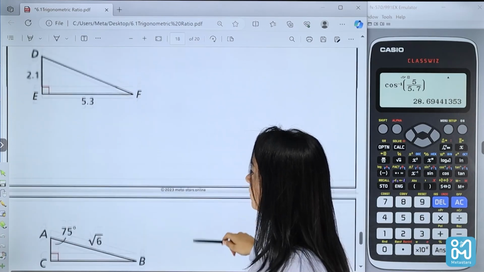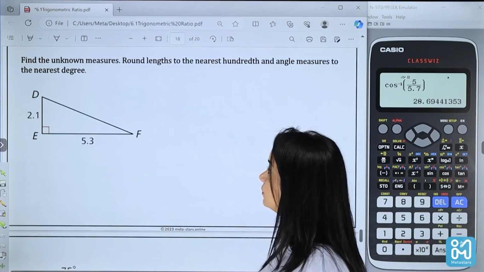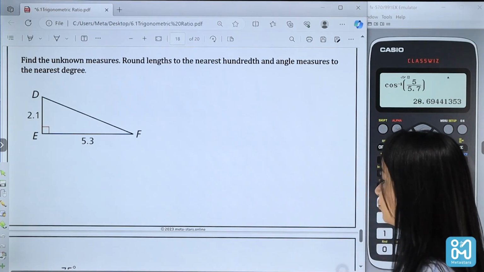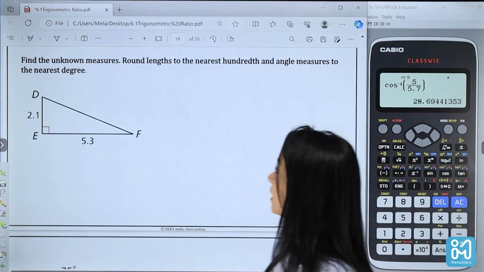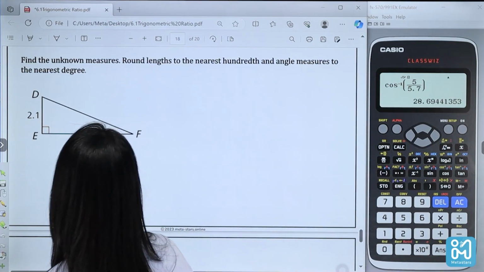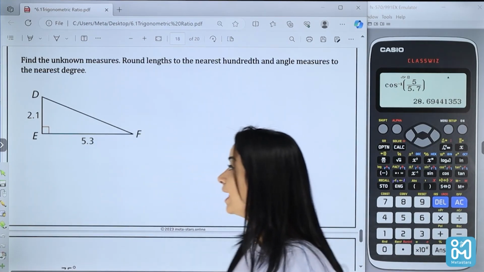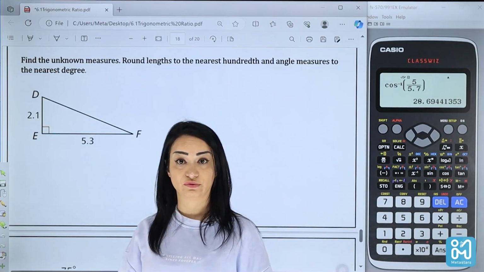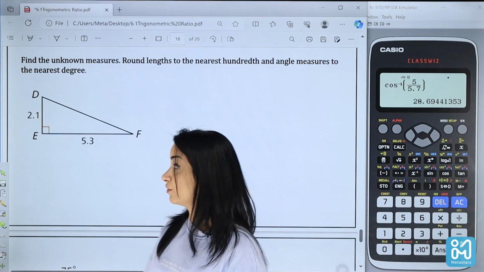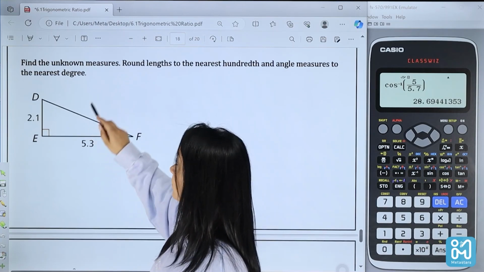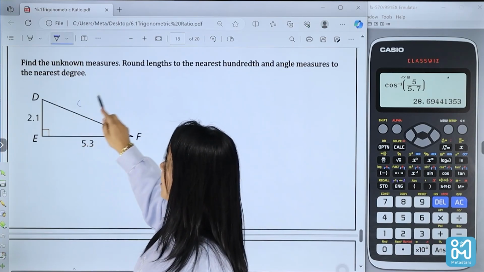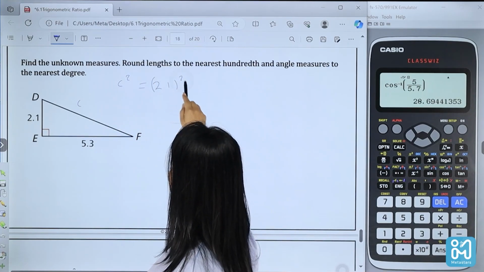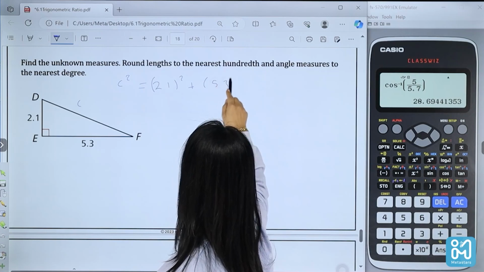Okay. Now, let's do the same for this triangle. I need to find the measure of the unknown sides and the unknown angles. So first of all, write the triangle. I have the measure of two sides. I need to find the measure of the third side. So this is C. C squared is equal to 2.1 squared plus 5.3 squared.